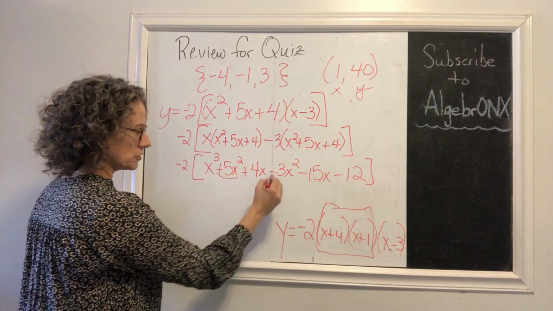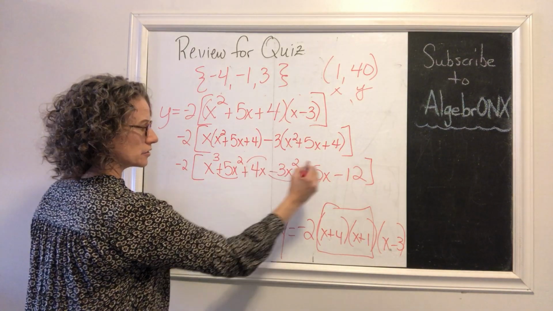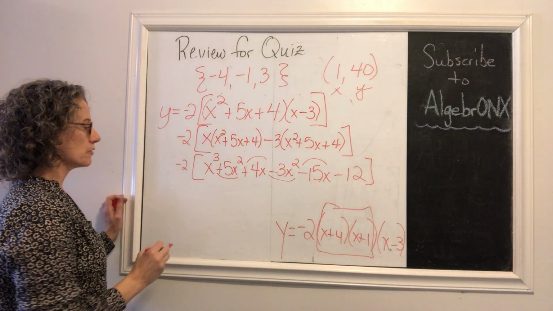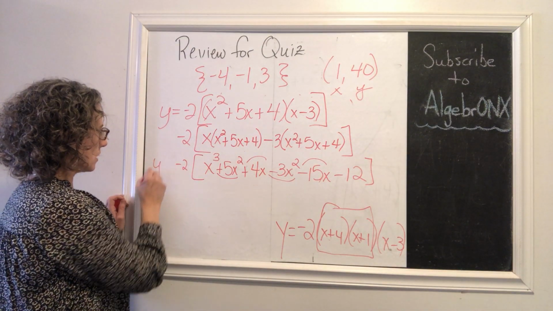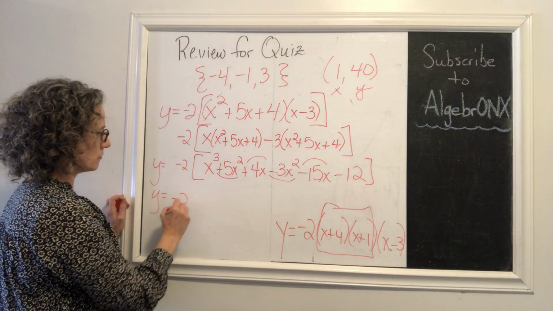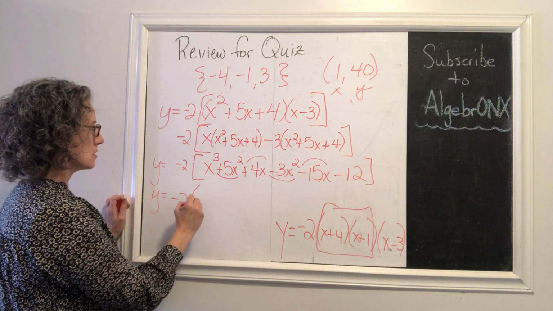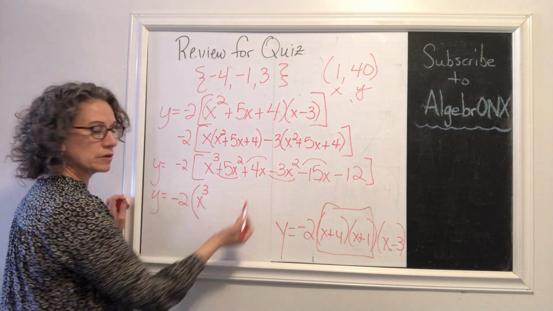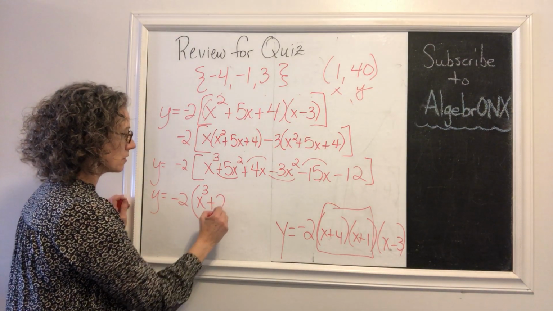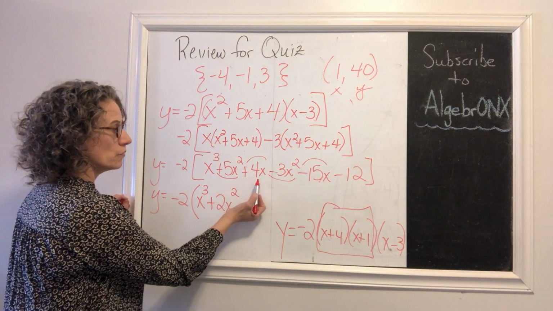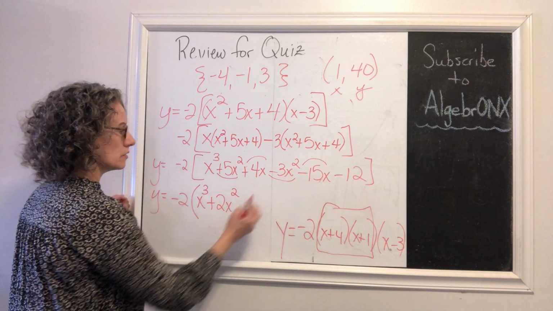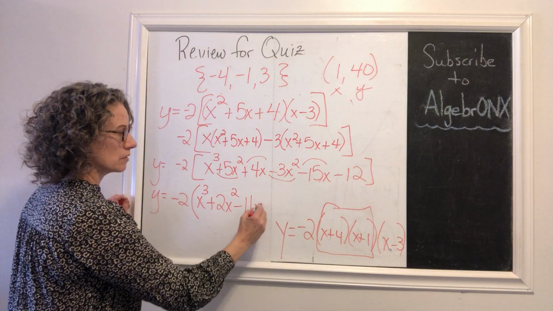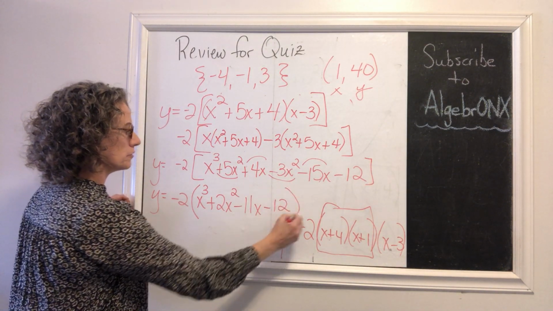These are like terms, and these are like terms, so I'm going to simplify this a bit. So y equals -2 times (x cubed, 5x squared minus 3x squared equals 2x squared, 4x minus 15x is -11x, minus 12).